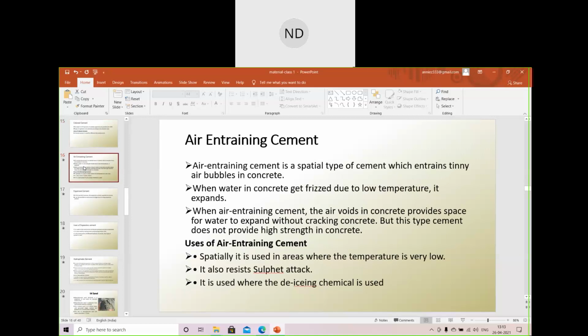Now this is your air entraining cement. Okay, material testing. Is my screen visible to you all?